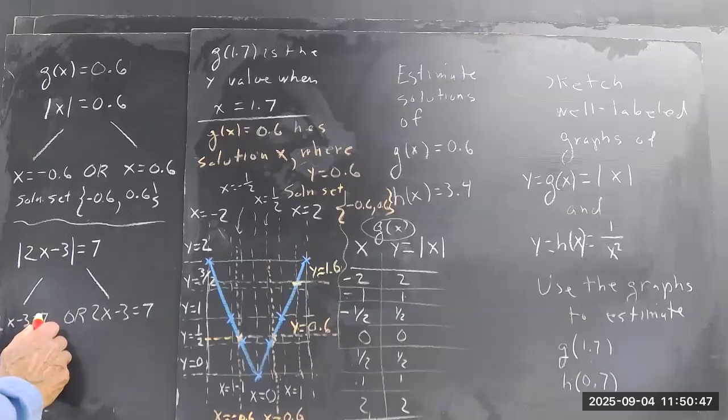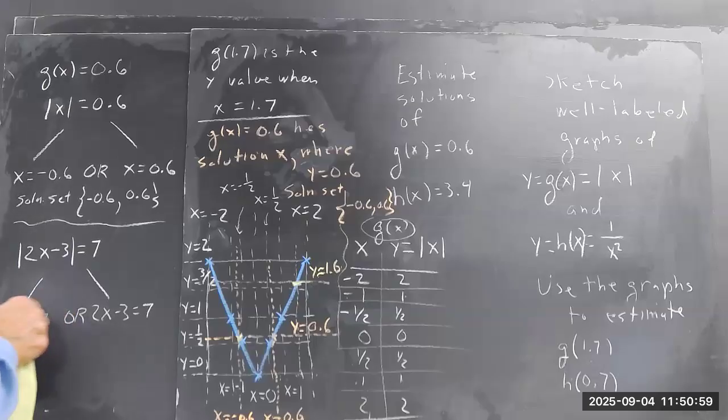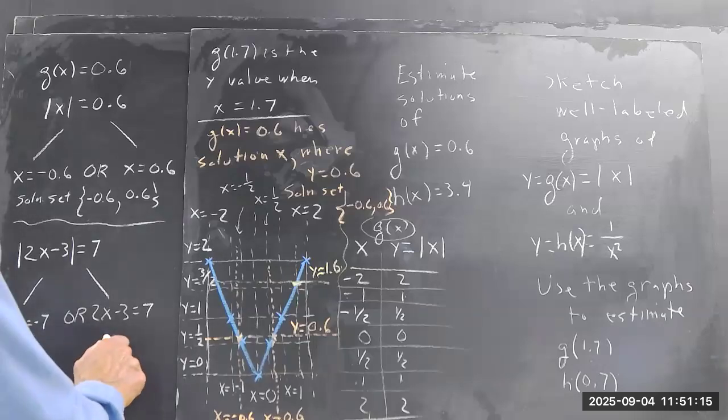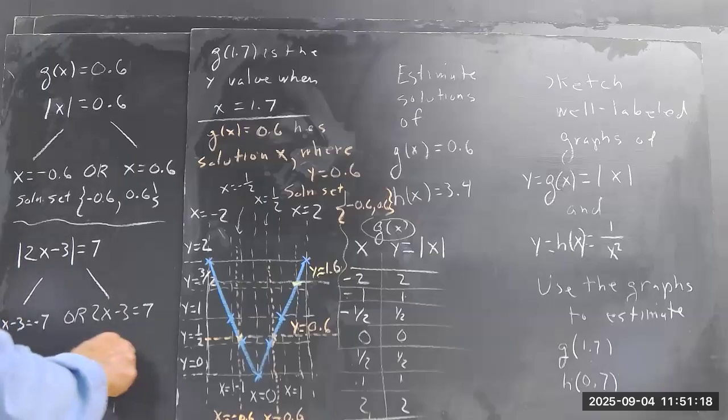And let's say I didn't put a negative on this 7. You see the negative sign? I didn't write that very well. Now these are two equations that we can easily solve. I'm just going to put three dots to indicate you fill in the blanks.